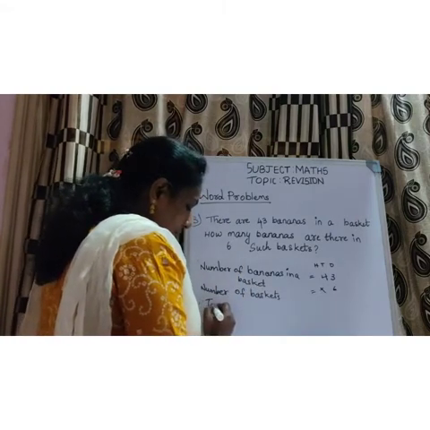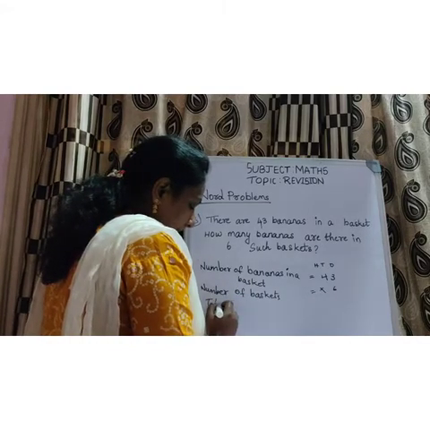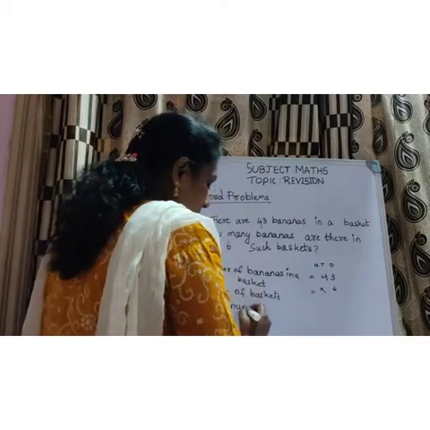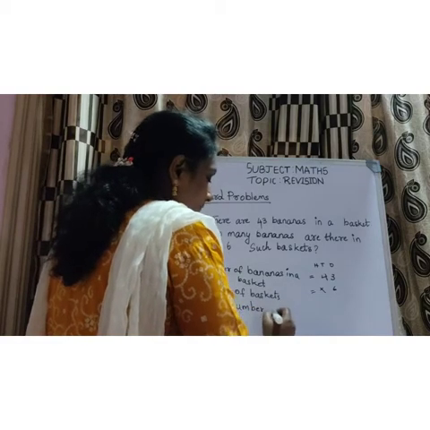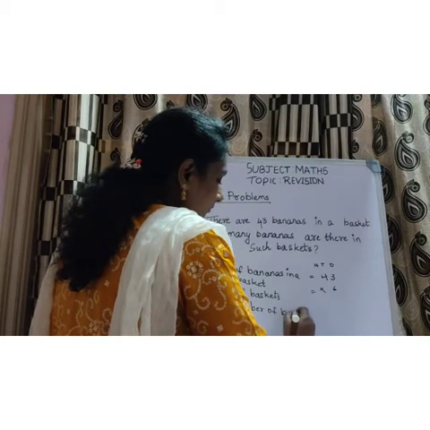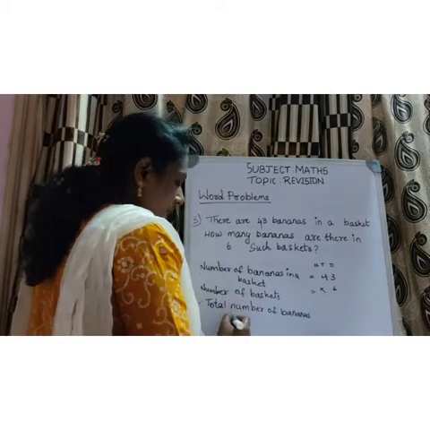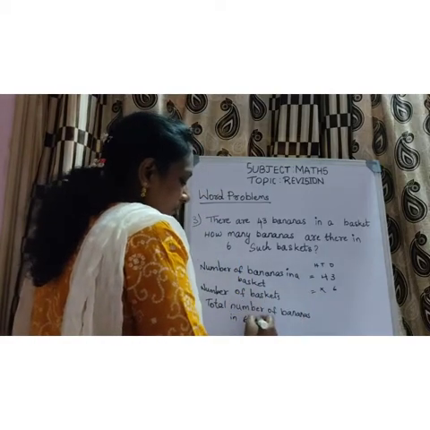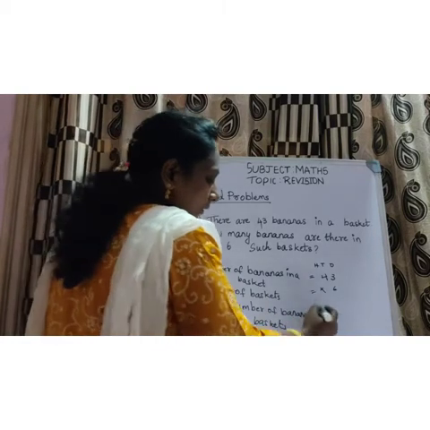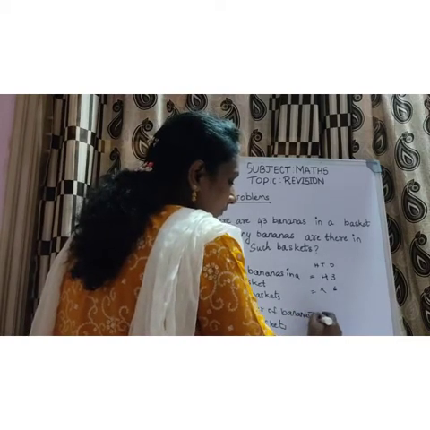So therefore, total number of bananas in 6 baskets. Now we have to find out. Okay, so now we have to find out this equals.